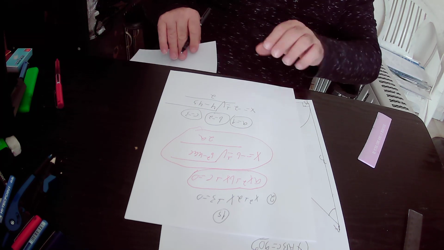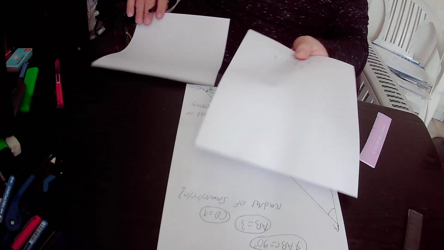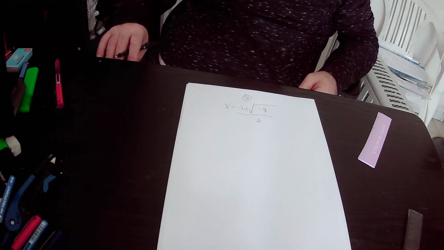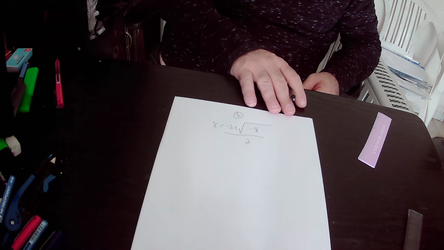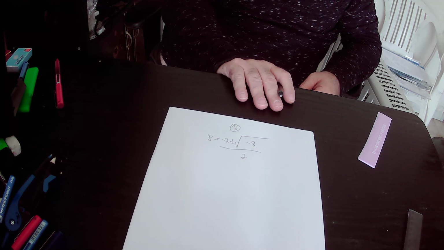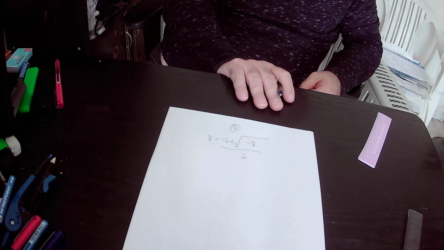So in total we got that x equals minus 2 plus or minus the square root of minus 8, over 2. As you already know, a negative number doesn't have a real root.